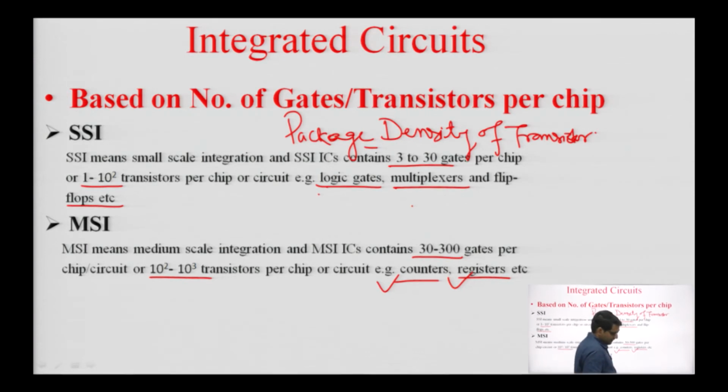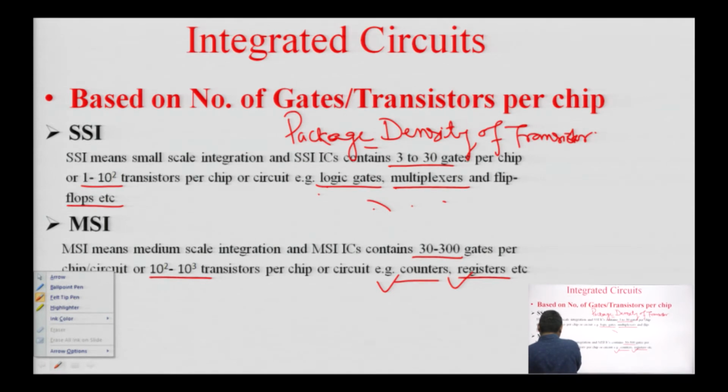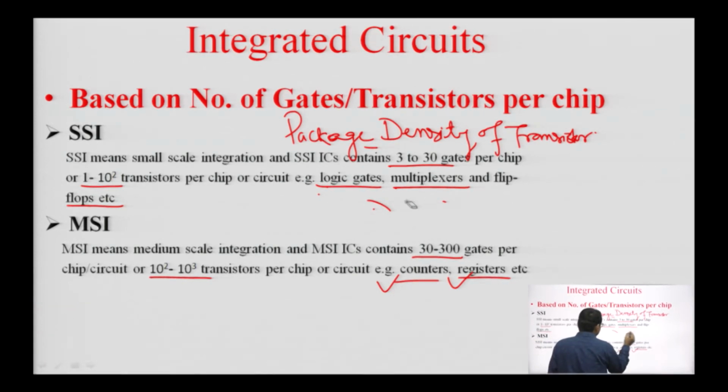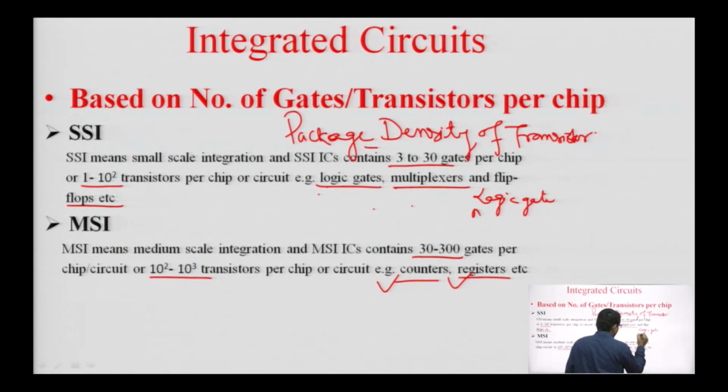When our initial technology was developed, it had logic gates, multiplexer, flip flop, and after that the next phase of technology is MSI, where logic gates, multiplexer and flip flop are combined, and these give the counter and register. इसको हम कैसे याद करते हैं, देखो आप, these are our basic mux, flip flop.